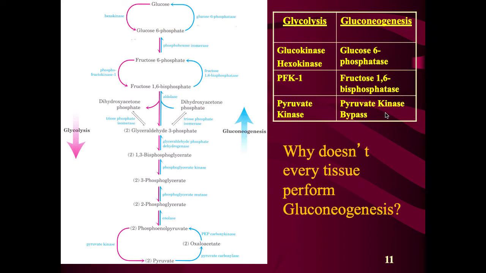Its reverse is the pyruvate kinase bypass. You don't have to remember these. So we would only have to know the ones in the box? Yes, good. The ones that are different cleavage. Yes.